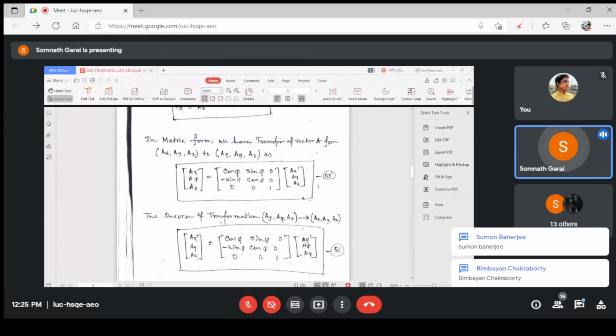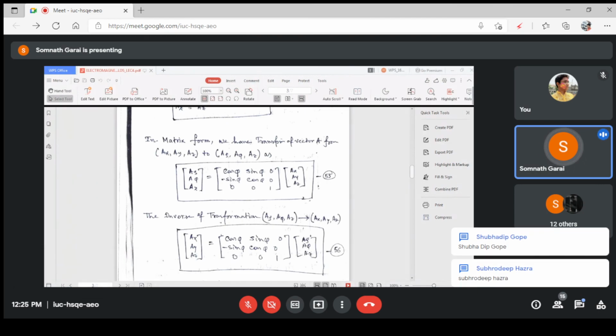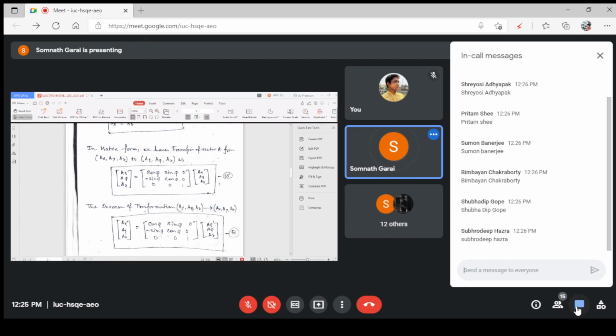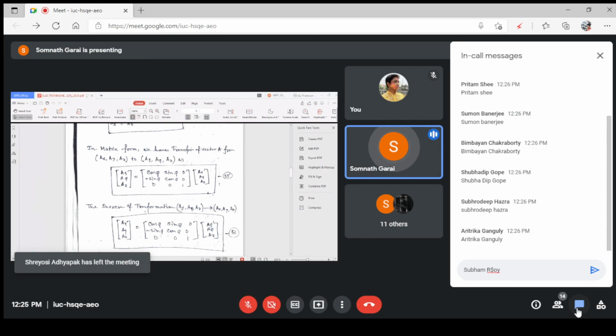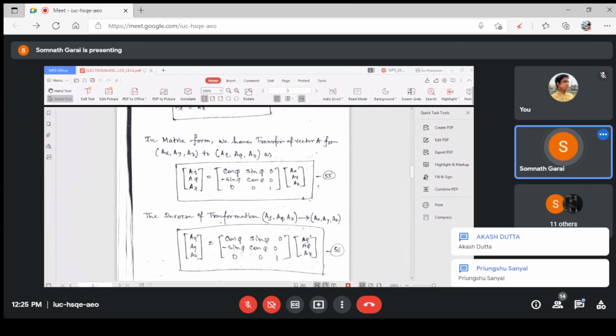I already showed you how the matrix of a rho, a phi, az is formed from the relation. So you have to form the inverse operation, that means find the matrix of ax, ay and az with respect to a rho, a phi, az.